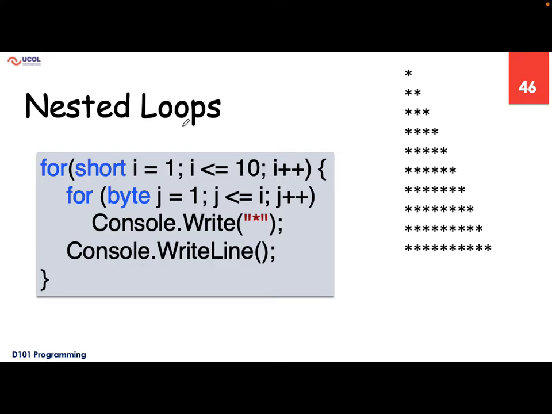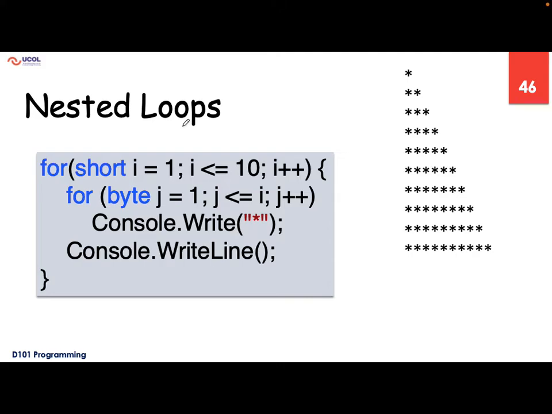So, here we are just saying star, we are printing those stars ourselves. We are saying that if i is equal to 1, the starting value, i is less than or equal to 10, it means we are going to print 10 lines, and then i plus plus. And for each line, what do we want? We say j is equal to 1, j is less than or equal to i, and print star.